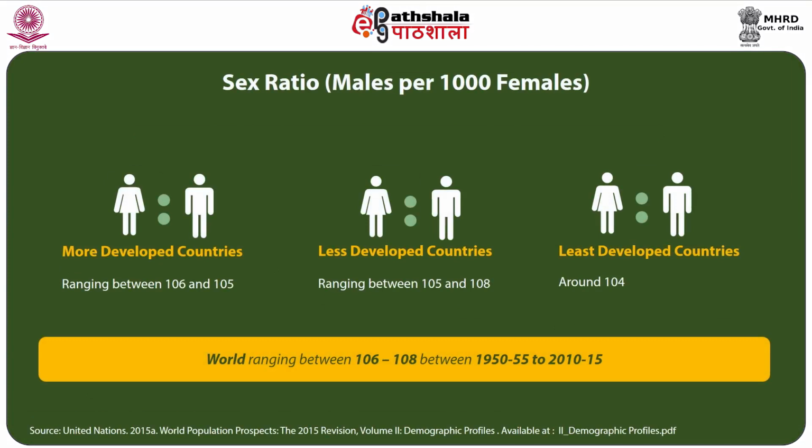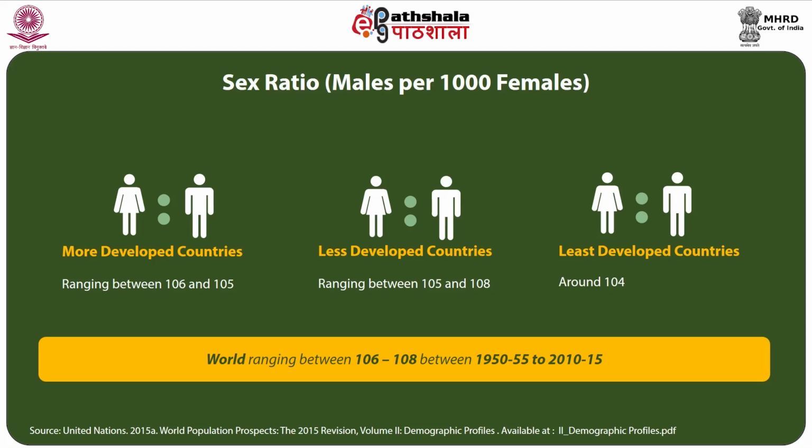Let's discuss the sex ratio, which is an indication of the extent of gender bias that exists in society. If you look at the world as a whole, the sex ratio was 106 to 108 from 1950-55 to 2010-2015, indicating clearly that there are more males than females worldwide, with a little variation.